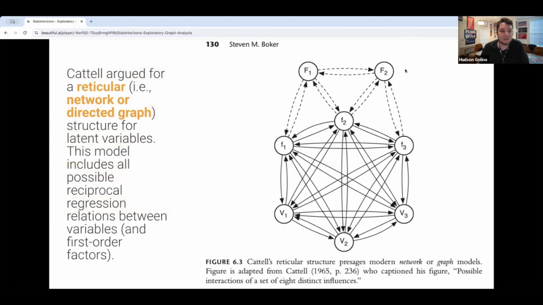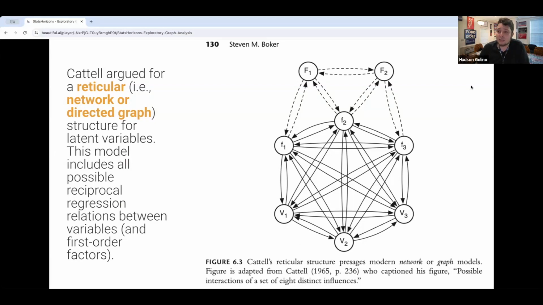So Cattell argued for a reticular or a network or a directed graph structure for latent variables in 1965. This model includes all possible reciprocal regression relations between variables and first-order factors.